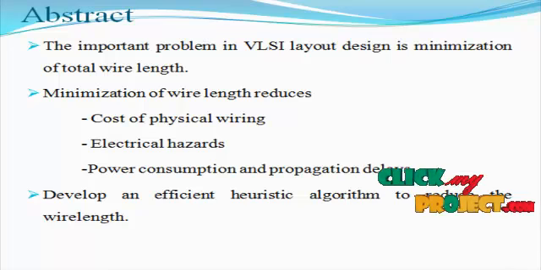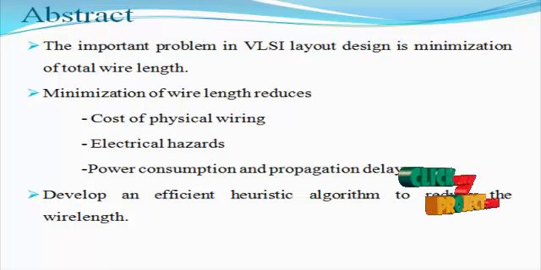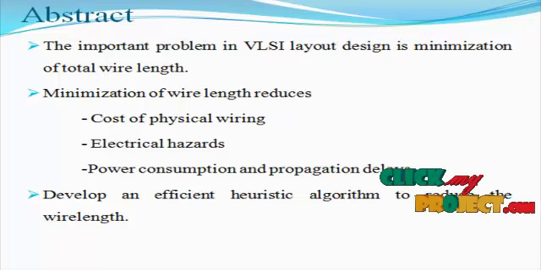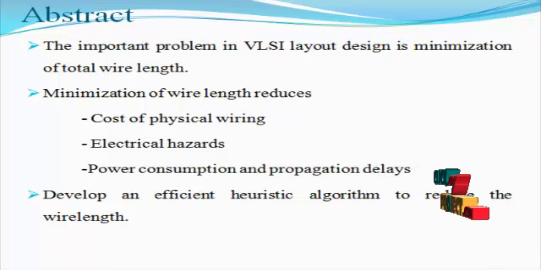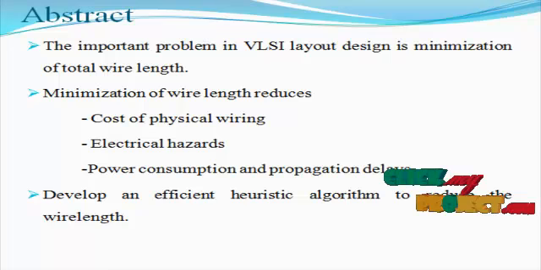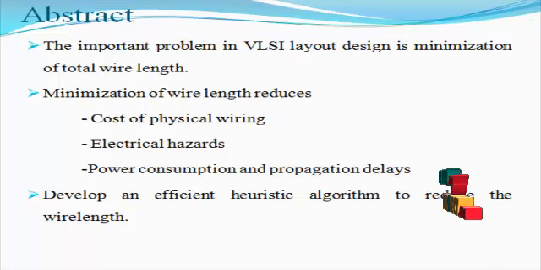Minimization of total wire length is one of the most important problems in layout in VLSI physical design. Minimization of wire length not only reduces the cost of physical wiring required, but also reduces the electrical hazards of having long wires in the interconnection, power consumption, and signal processing delay.